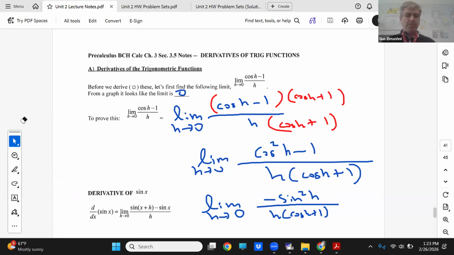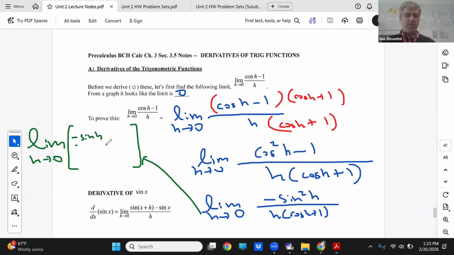I could rewrite this expression in this manner: negative sine h over h times sine h, and we know sine h over h.